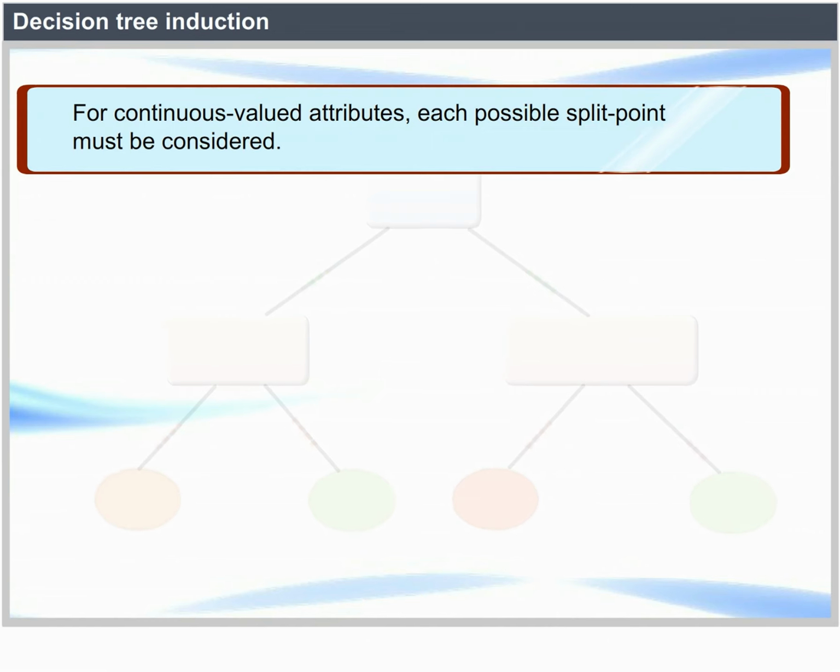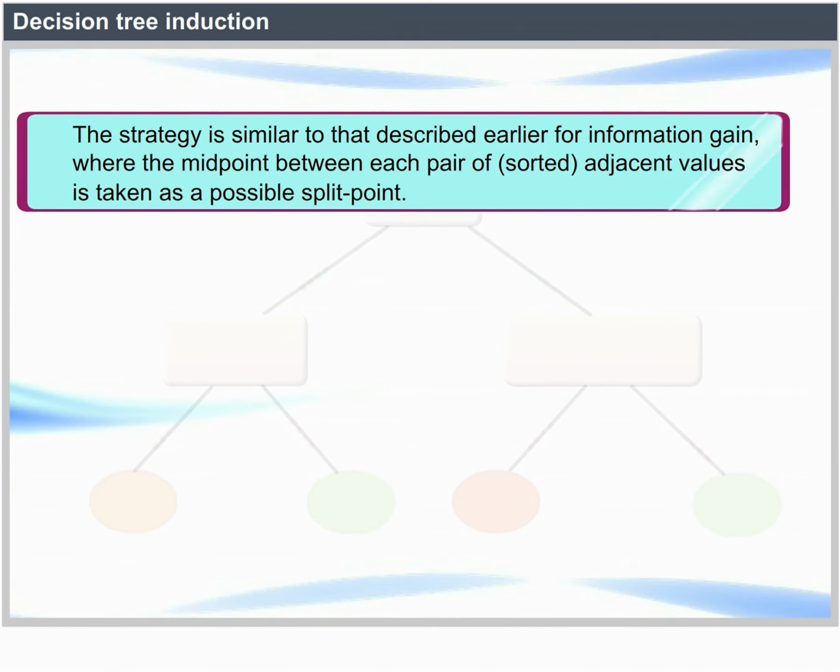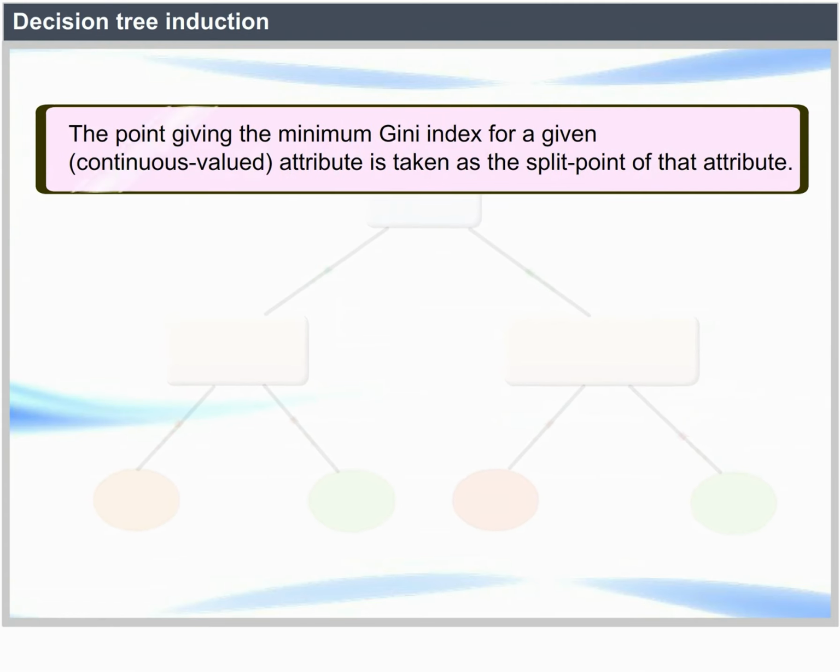The strategy is similar to that described earlier for information gain, where the midpoint between each pair of sorted adjacent values is taken as a possible split point. The point giving the minimum Gini index for a given continuous-valued attribute is taken as the split point of that attribute.